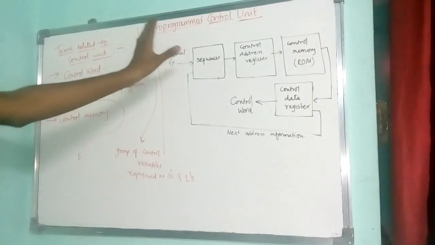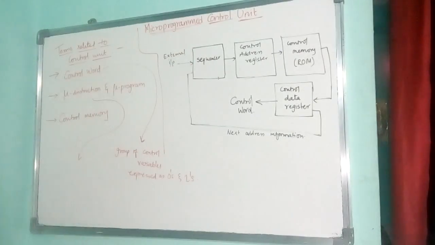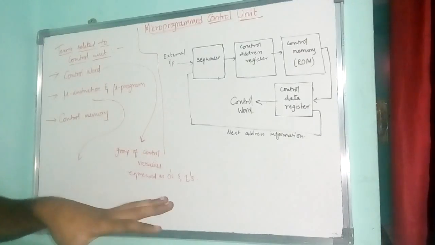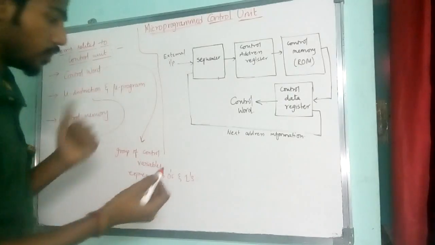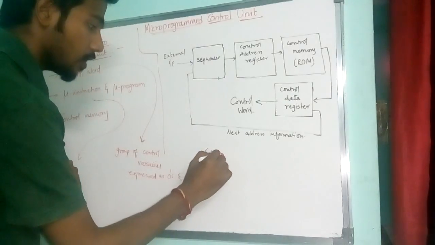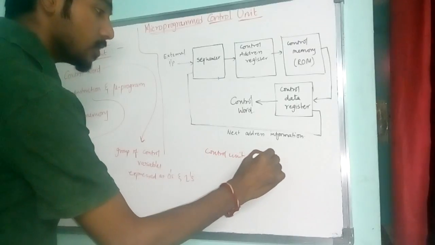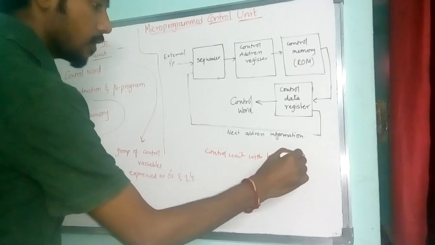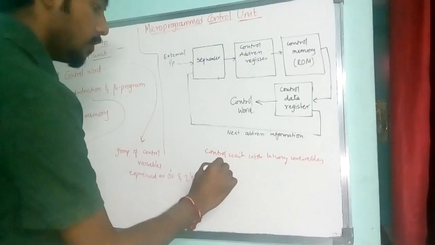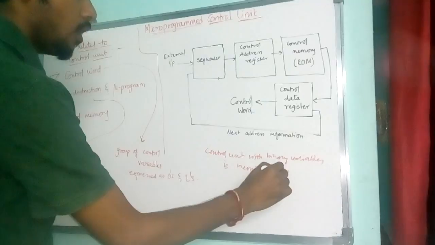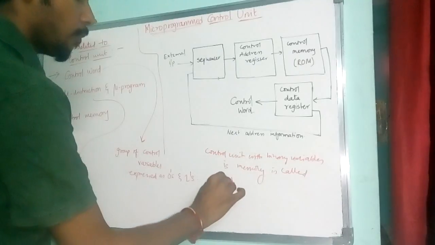The control unit which keeps these binary variables in its memory is called a microprogram control unit.